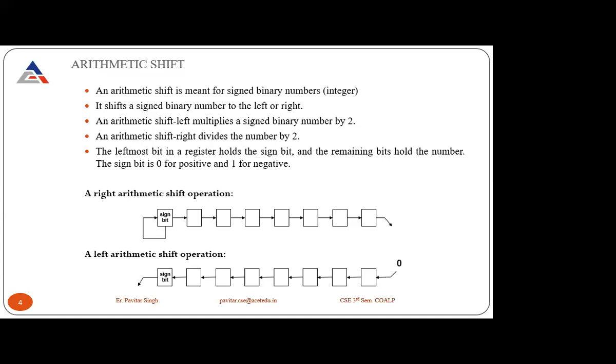Similarly, ASHL is used for arithmetic shift left operation, right? So let's suppose again you have 5 bits of data. Because the shift is right, all the values will be shifted to the right side, and the first value will be your sign bit. So what does this mean?